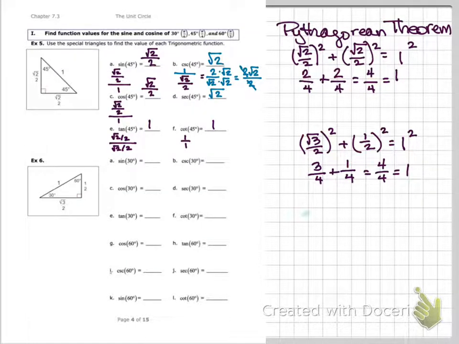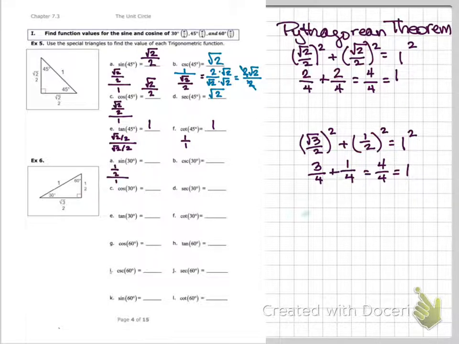Fairly straightforward. These you're going to need to know and understand, memorize, so that you can pull them out when you need them, which is going to be quite frequently. Okay, so example 6, sine of 30. So our 30-degree angle, that opposite side is 1/2.